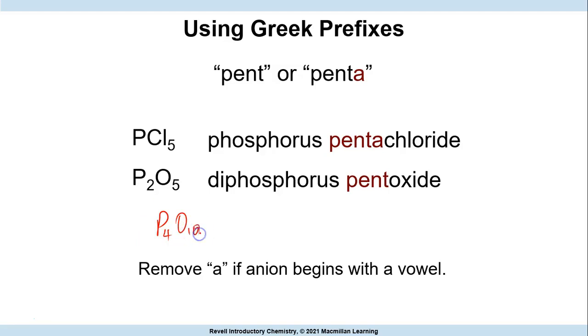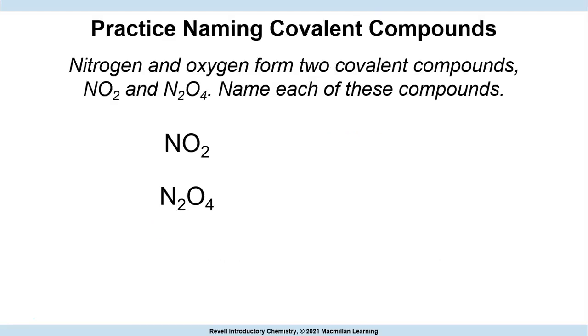So this normally will be tetraphosphorus decaoxide, but you have to remove that A in that deca, and that becomes tetraphosphorus decoxide. So you see that the A here does not apply. Decoxide. It's not decaoxide. So once the name begins with a vowel, you omit the A.